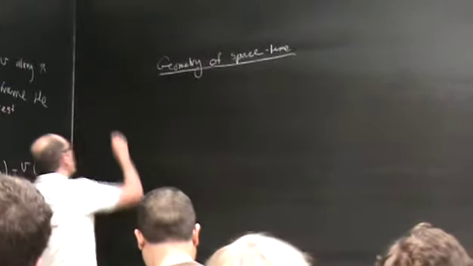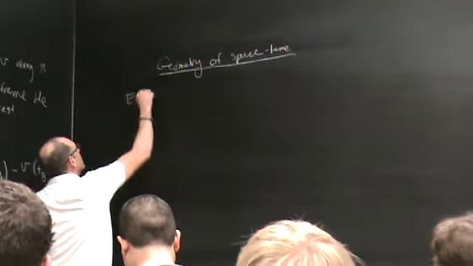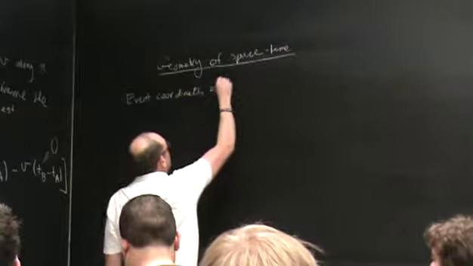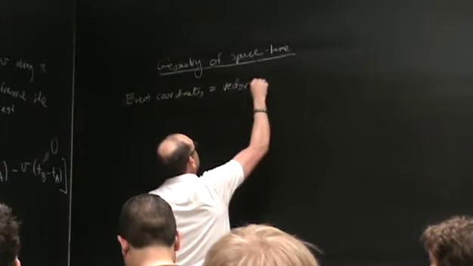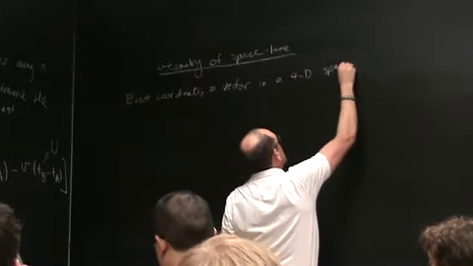The way we formalize this is that we define the event coordinates as a vector in a 4-dimensional space.